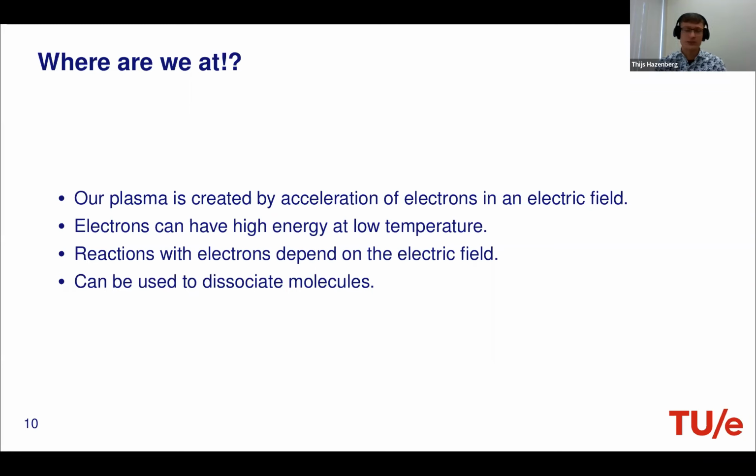Reaction rates with electrons generally depend on the strength of the electric field. And the last part is the important part for the plasma-assisted combustion application. Electrons can be used to dissociate molecules, which means that they have the potential to replace initiation steps in ignition, for example.